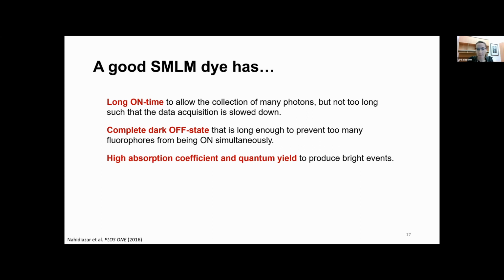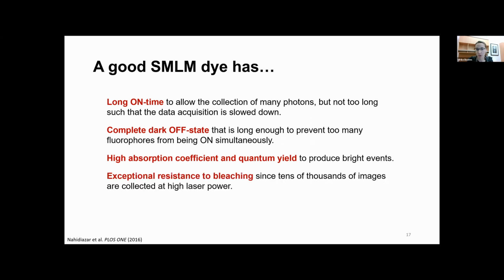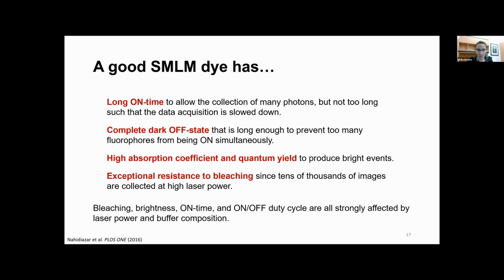Furthermore, these dyes should have a high absorption coefficient and quantum yield, and they should also be resistant to photobleaching, in particular because during such an imaging experiment, you do not image just one image, but you actually take a couple of thousand images. You really would like to make sure that you collect as many signals from as many fluorophores as possible, and therefore these dyes need to be resistant to photobleaching.